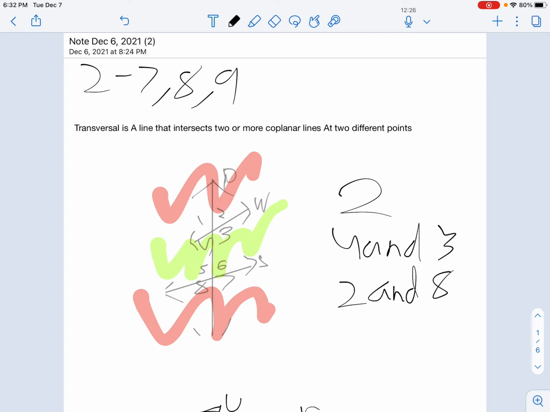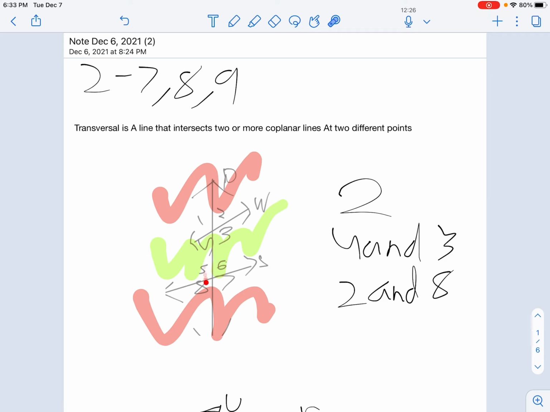They lie on the transversal line, which is P. These are consecutive angles, by the way. They're both in the interior and on the same line.